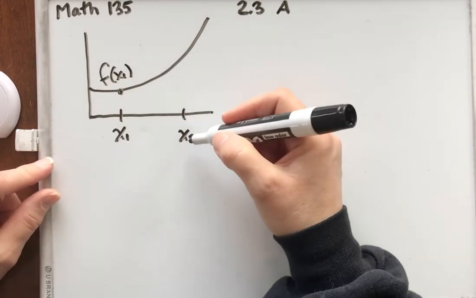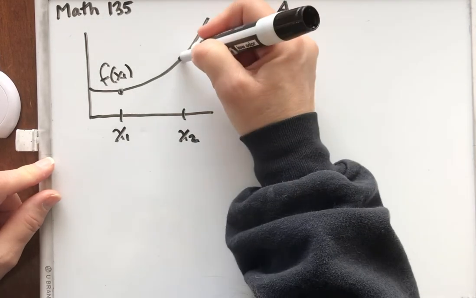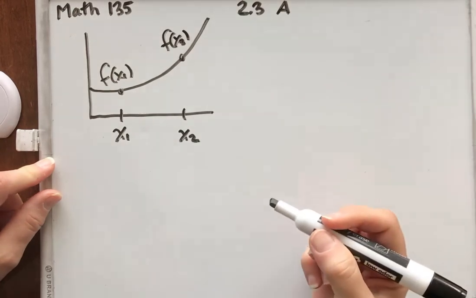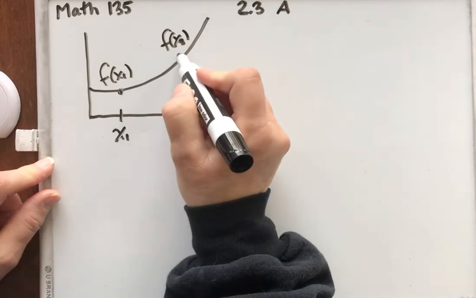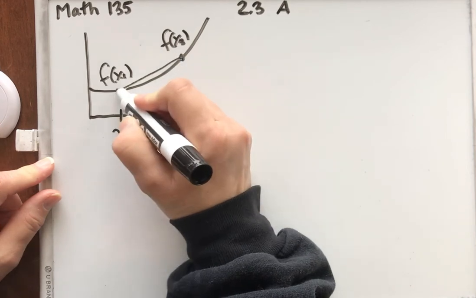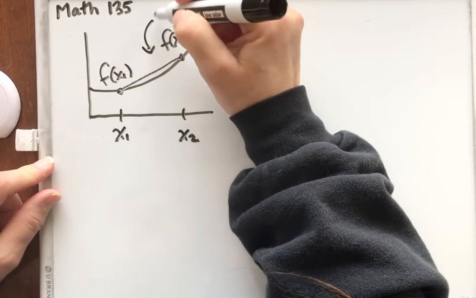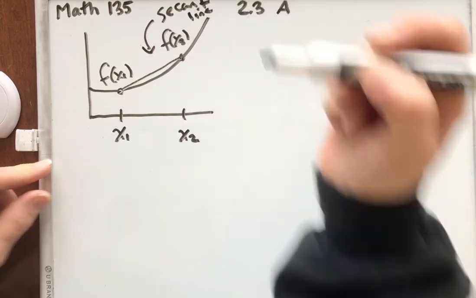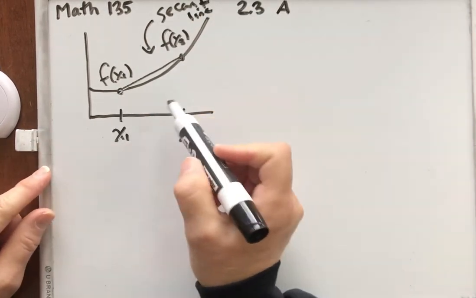Okay, if this is x sub 2, then this is going to be f of x sub 2. And right here is the slope of this line, and this line we call a secant line. And it is the average rate of change between these 2 points.